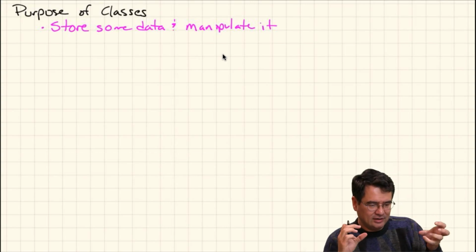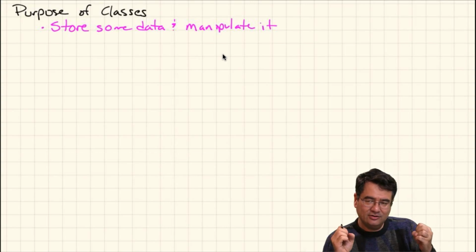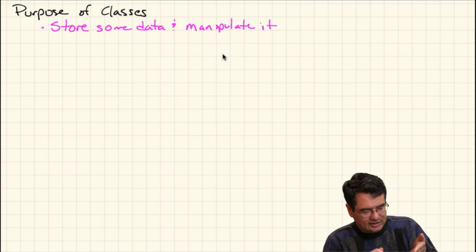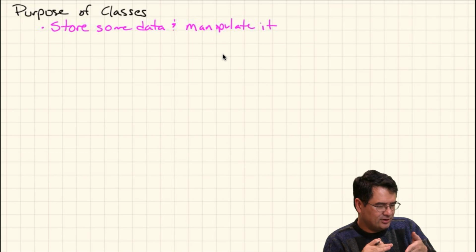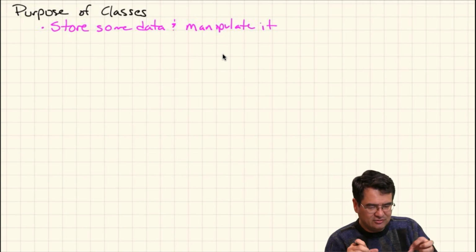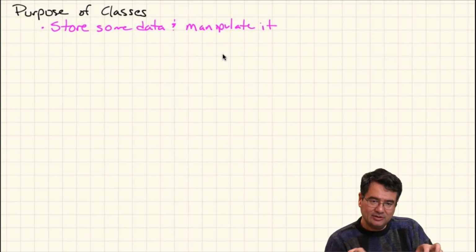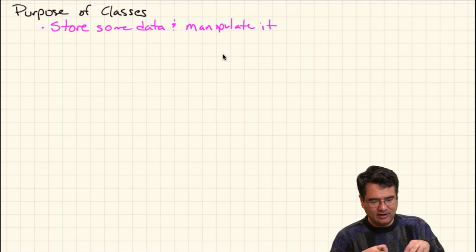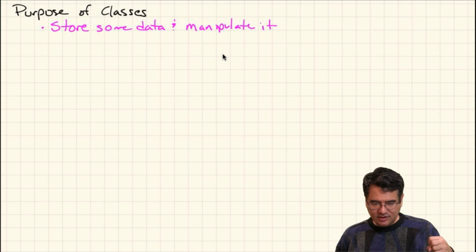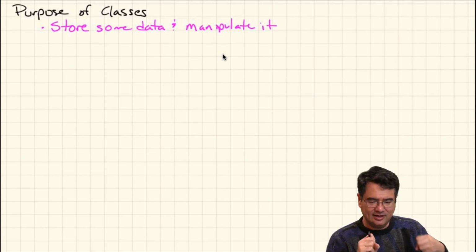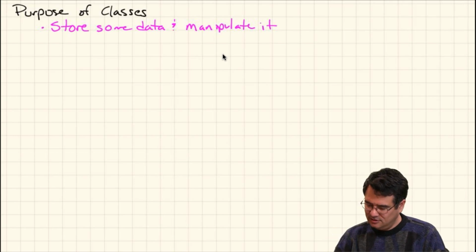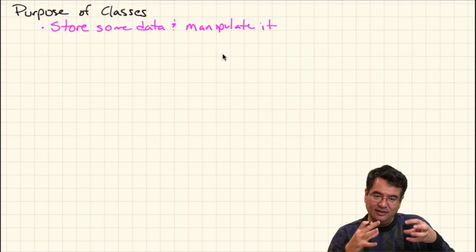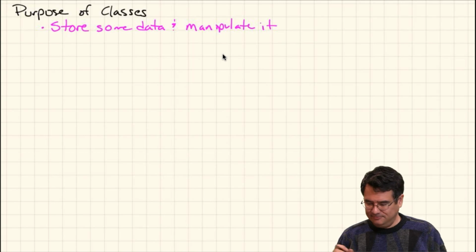Like if we are storing data about a video game player, we want to store the ID number, the name of the player, the inventory, position, and so forth. And then we're going to write methods to manipulate that stuff, like add or subtract from the score, or move the player around by changing the X and Y values. So that's what the methods would do, is manipulate that data. So that's one reason why we might make a class: we want to bundle together some data, and then we write methods to manipulate that data.